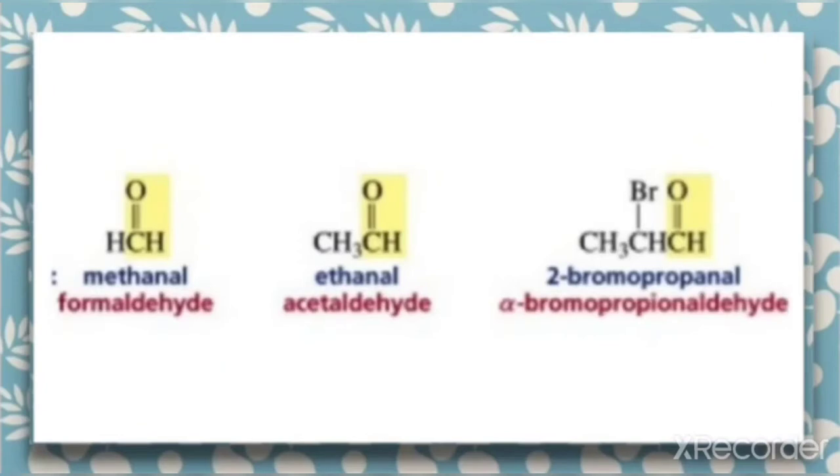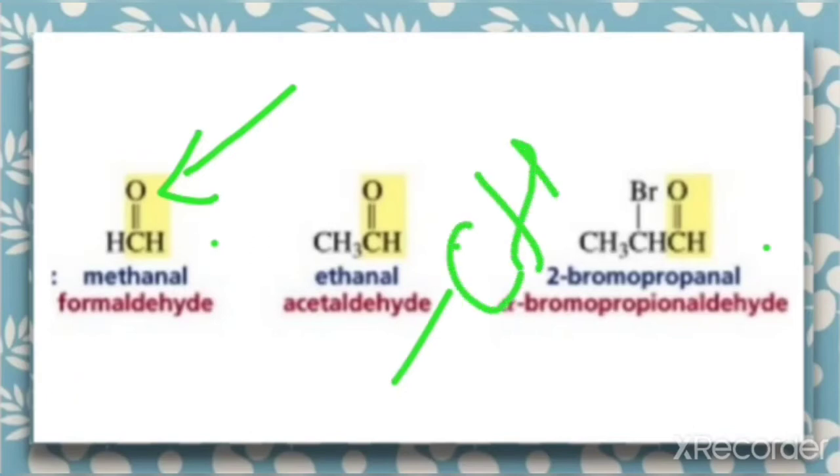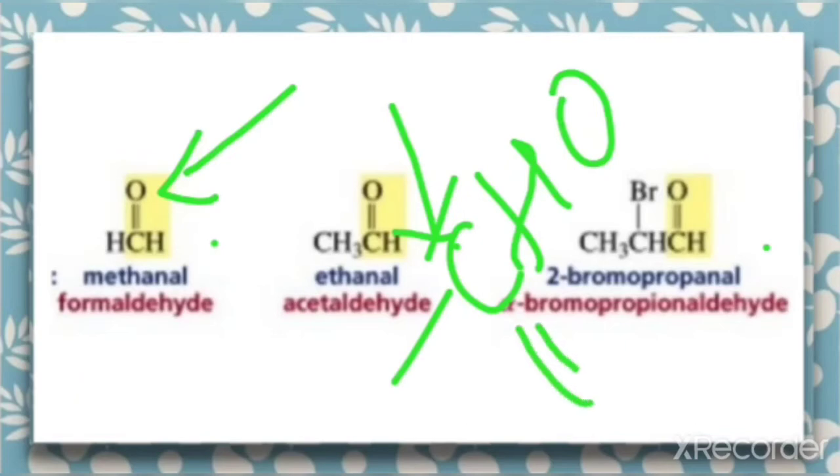Here we have three examples: methanal, ethanal and 2-bromopropanal. Here it's very simple, as there is only one functional group, the aldehyde group, which is shaded with yellow color. Because the aldehyde group has a carbon, it should be included in the main chain, and we start the counting with number 1 from this carbon.